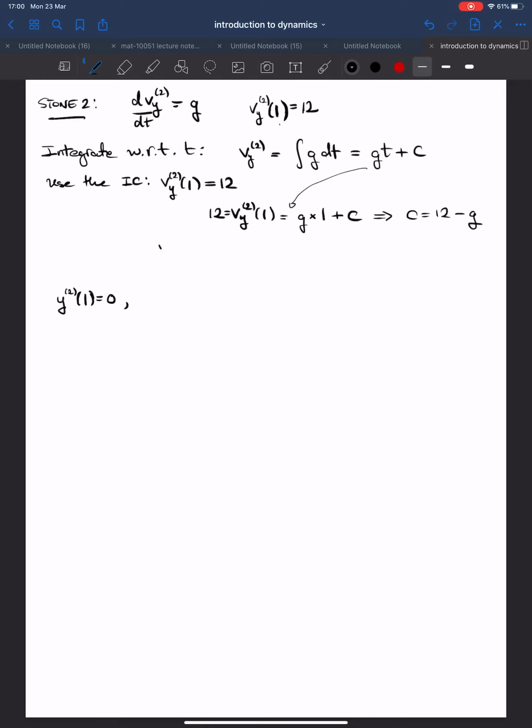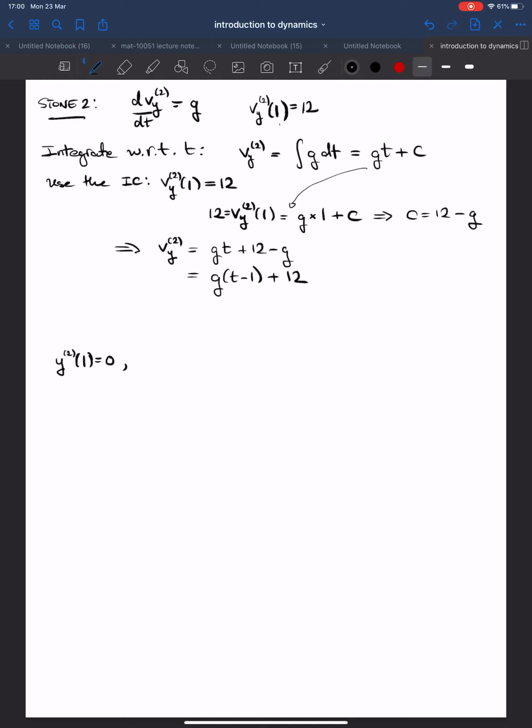After this, this gives us that V2 is this. It is gt plus 12 minus g, which simplifies to gt minus 1 plus 12.